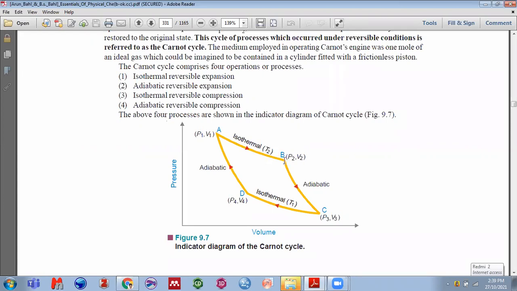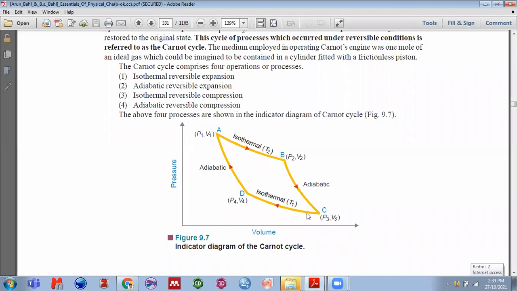Next step, B to C, that is adiabatic. In adiabatic process, temperature changes. Here T2 to T1, T1 is lower temperature here, P2 V2 to P3 V3. Then C to D, again isothermal. Here expansion, first one isothermal expansion, second step adiabatic expansion.